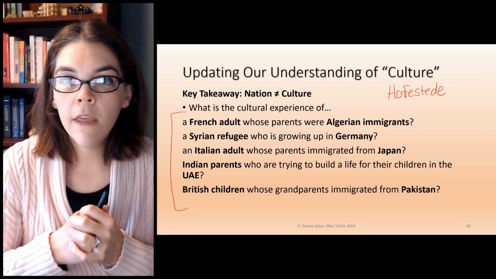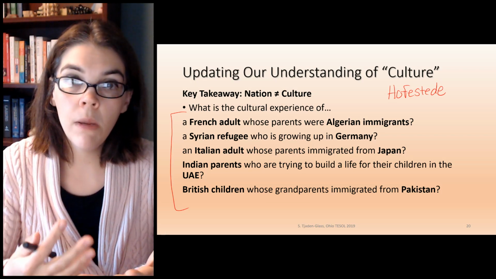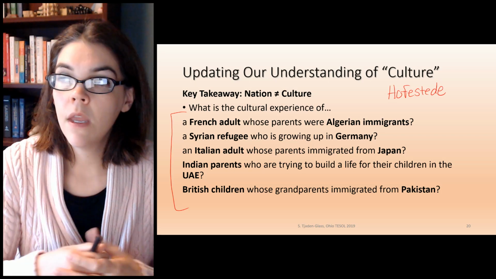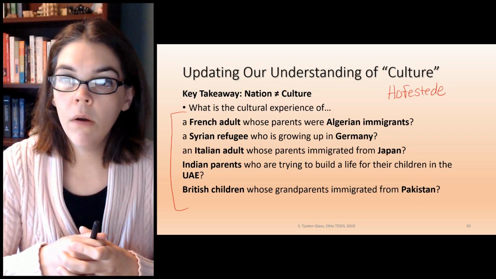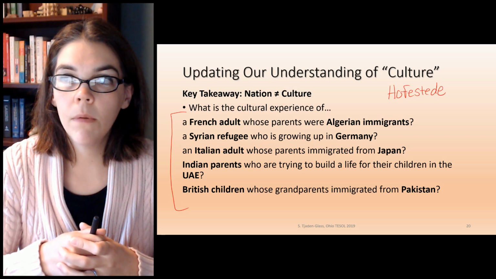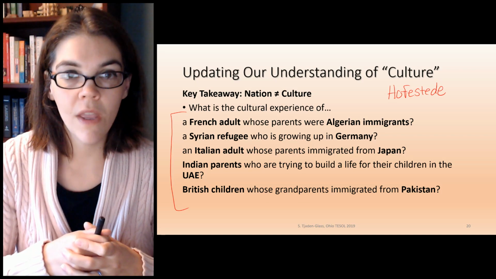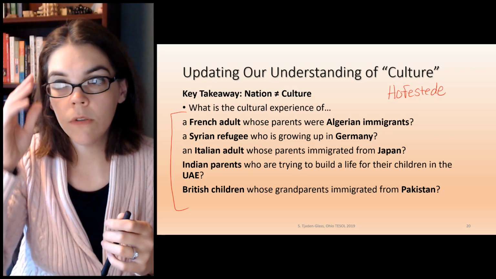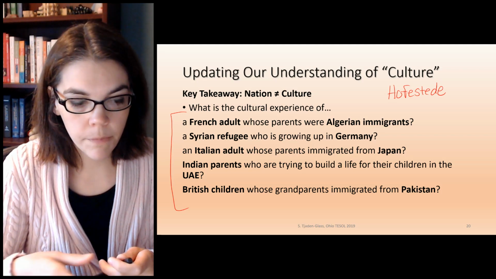But I think that it's dangerous to have that be the only conceptual framework that we're using in talking about culture, because we know that people don't necessarily fit 100% inside their cultures. There has to be room for the variation of the individual.